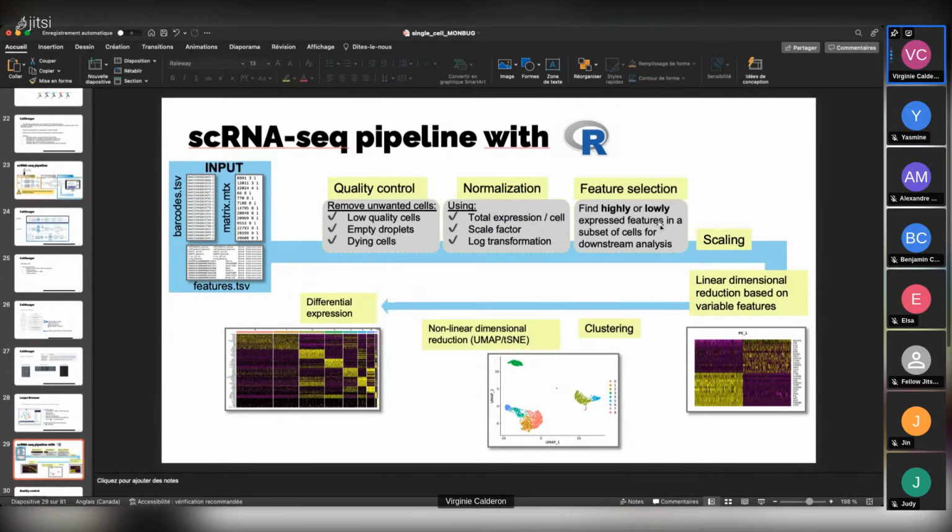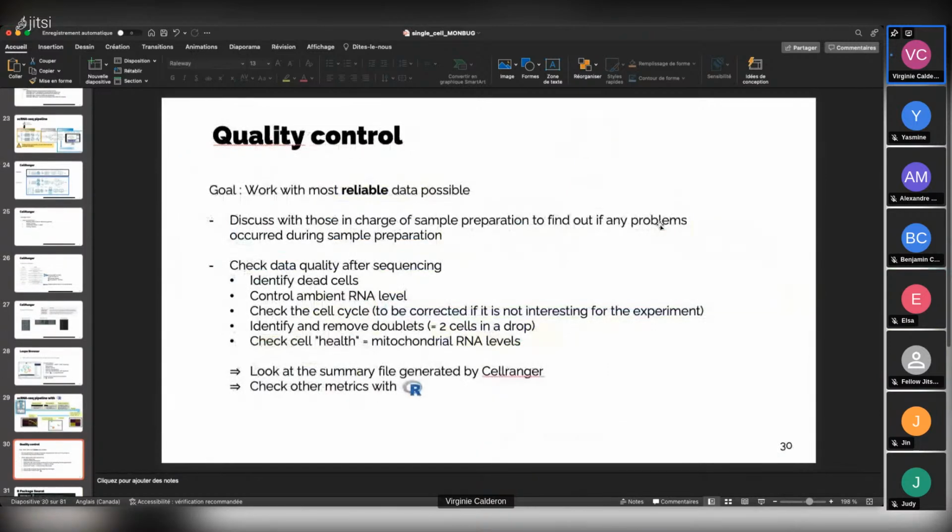And after that, you can start the differential expression analysis, and maybe after the differential expression analysis, you will go back to the clustering because maybe something is wrong, you want to merge some clusters or divide some clusters. So you may have a loop at this point to refine your clustering. But these are all the steps you are going to see today about single-cell RNA-seq.